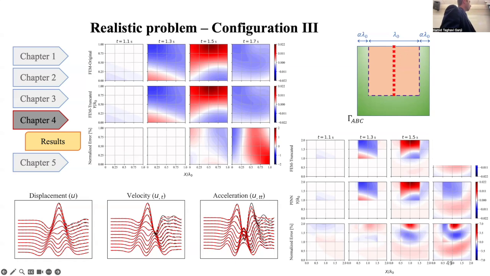However, because the PIN is smoothing the responses, it cannot capture these frequencies. We have some errors in acceleration, similar to what we observed in our 1D case when we plotted the response spectrum.